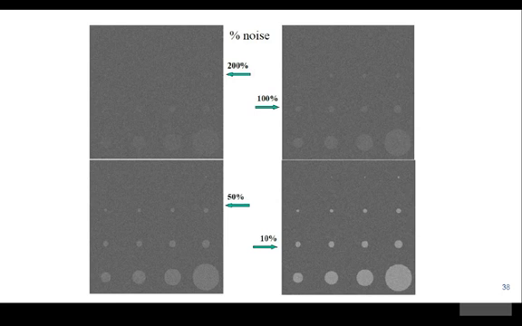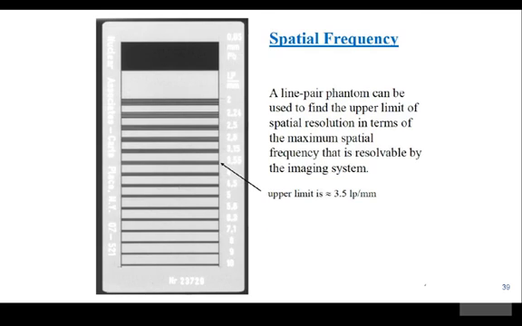In terms of spatial frequency information, we can get this from a line pair phantom. So that's what this is. Most imaging departments would have these sorts of phantoms, and each of these has a different number of what we call line pairs per millimeter.